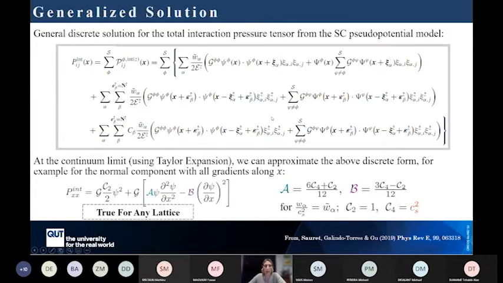The most important point is that using this discrete solution and a Taylor expansion, we have been able to retrieve the continuum approximation of the pressure tensor, and this expression is true for any lattice structure. That's just an example along the normal component in the x direction for the pressure tensor.